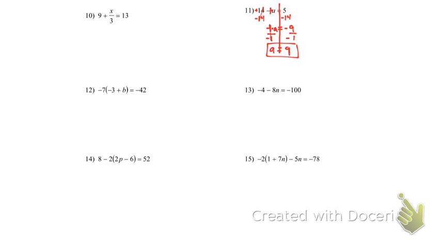Jump down to 13. No CLT or distributive property, so we're going to isolate the N. And we got to get rid of the 4 again first because we get rid of subtraction first. Addition, subtraction moves first. So we're going to add 4 to both sides.